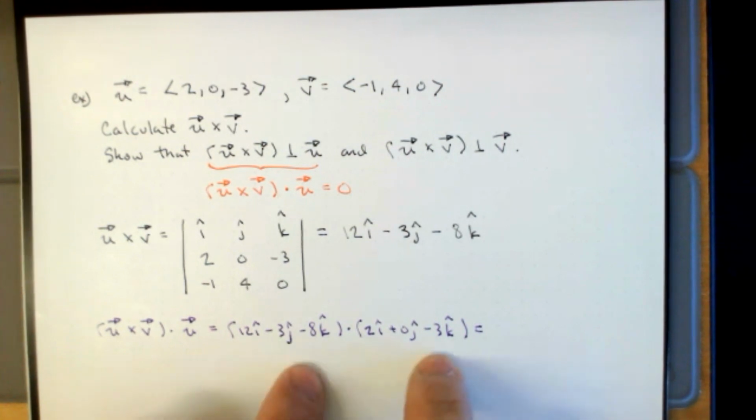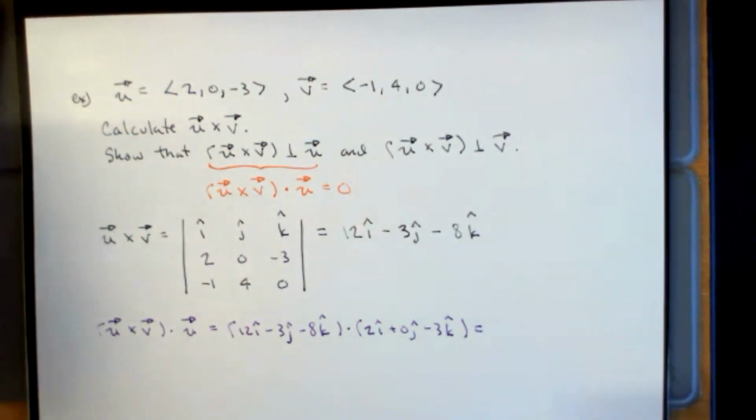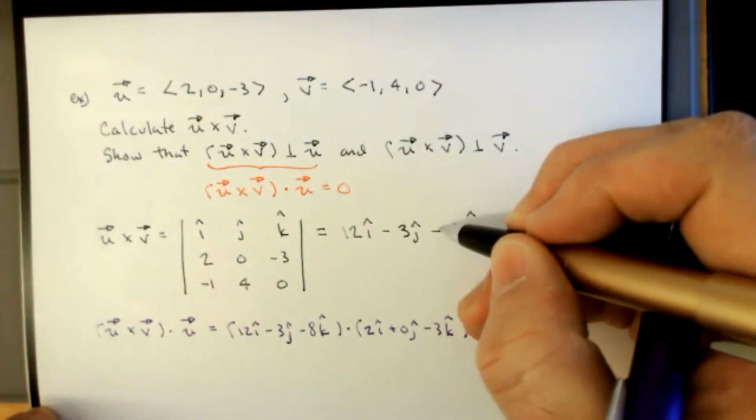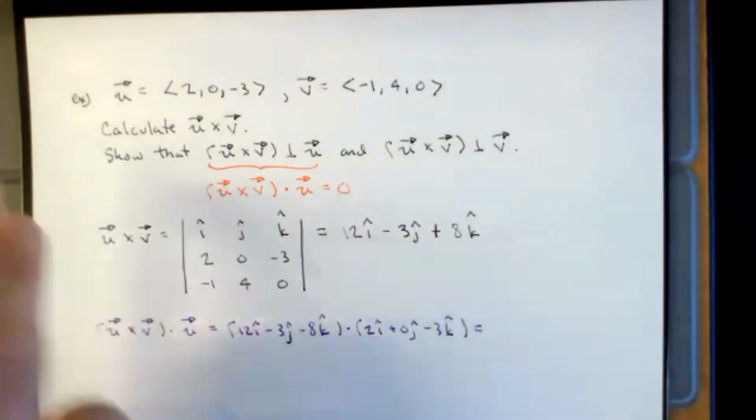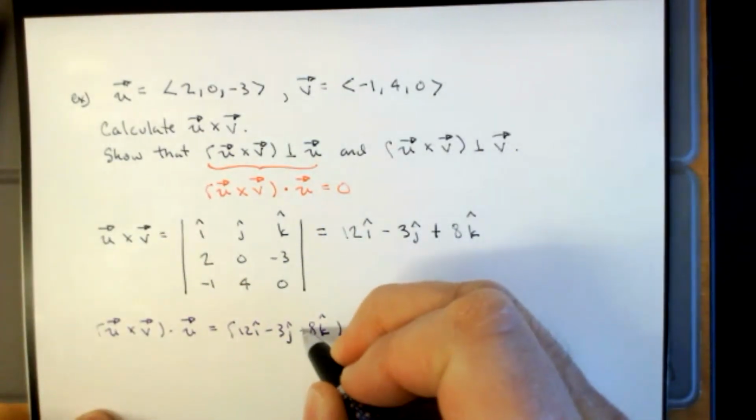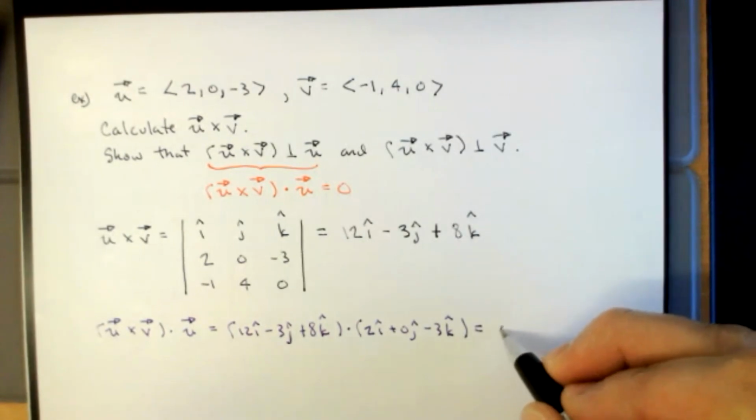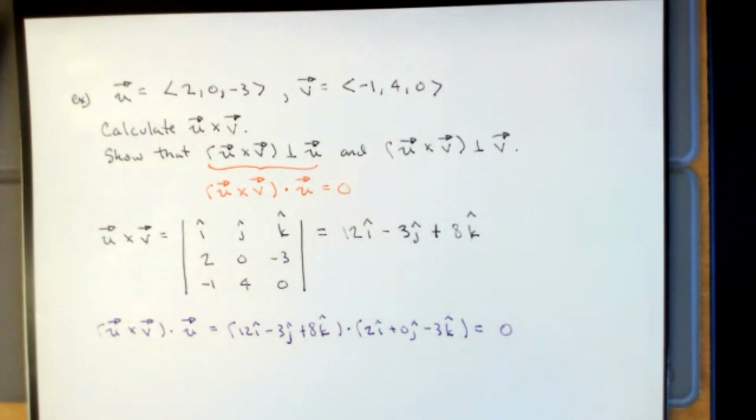So I get 24, but then this is plus 24. So where am I off? Oh, this is positive. And now it works. 12 times 2 minus 3 times 0 plus 8 times -3. Now it works out to 0.